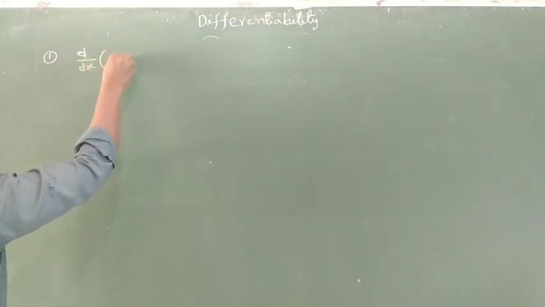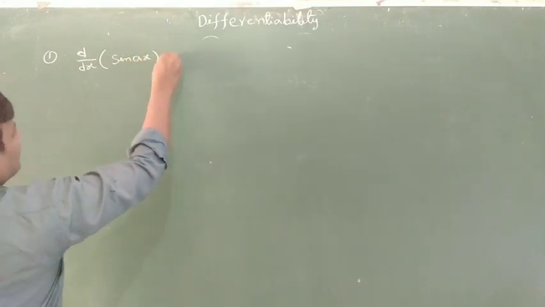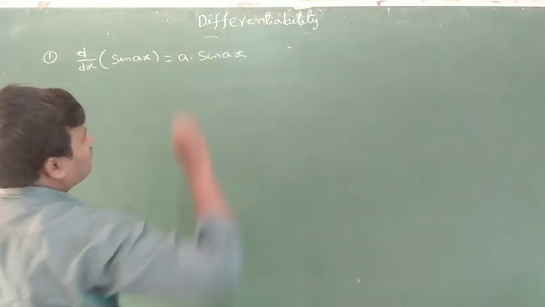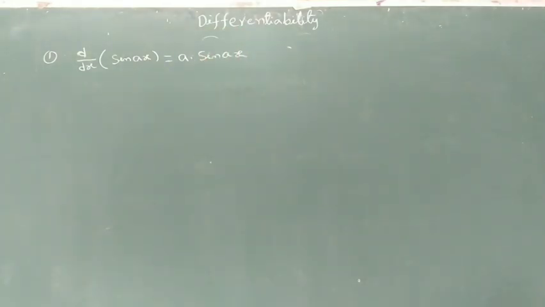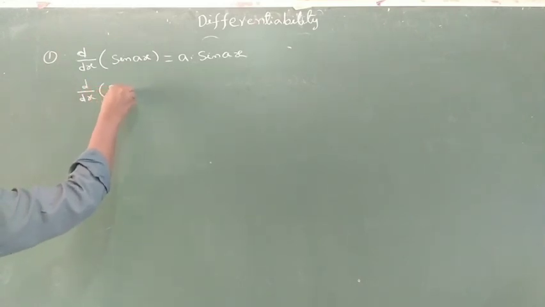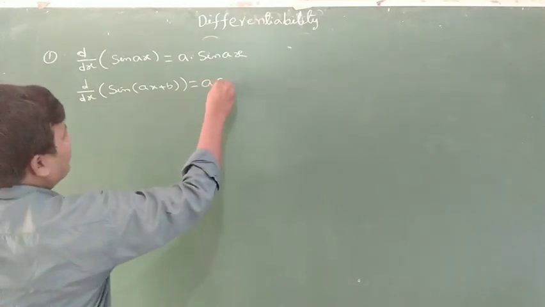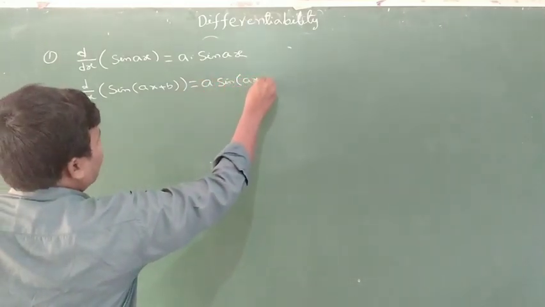D by dx of sin ax is equal to a into cos ax. D by dx of sin of ax plus b is equal to a into cos of ax plus b.